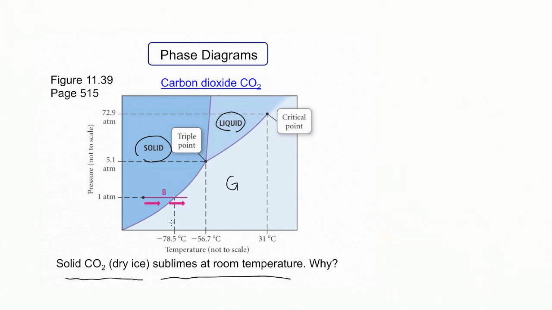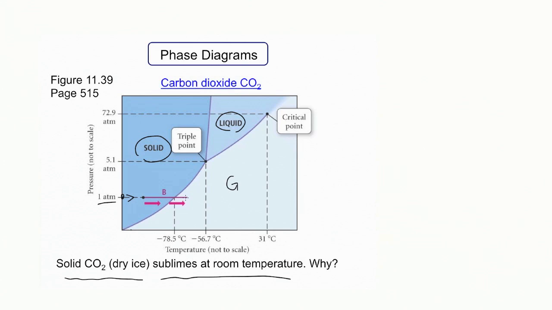Remember, we are talking about the phase change at 1 atmospheric pressure. So you would start from here. And when you look at the temperature, dry ice is quite cold, okay? So you are looking at the very low temperature, so you start from here and you move to room temperature without changing the pressure.